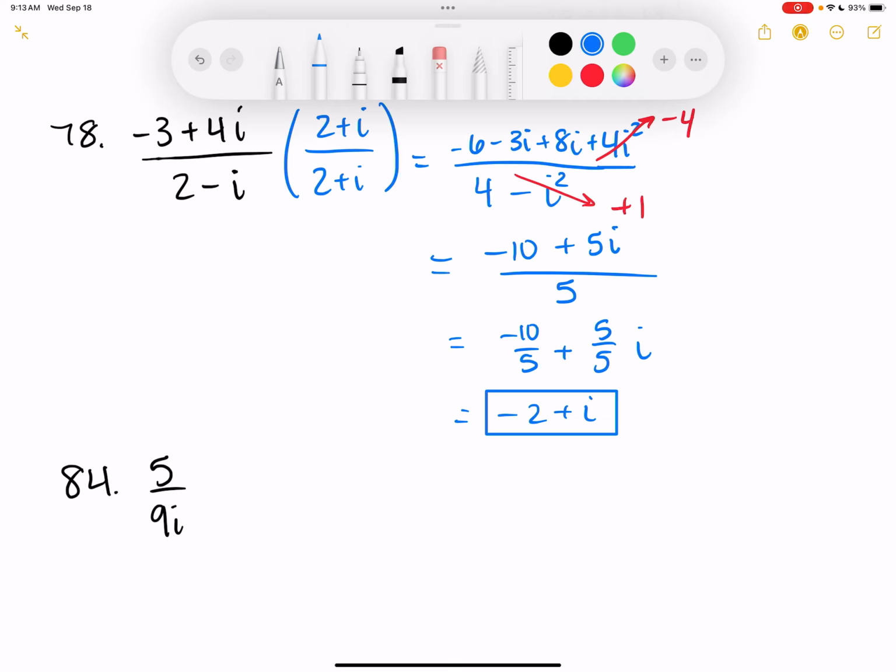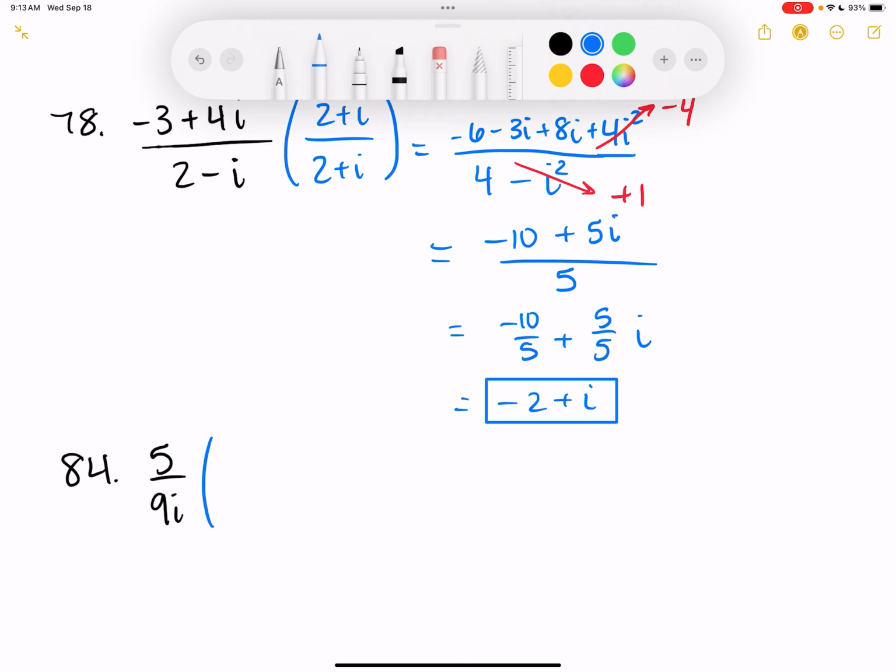So when that happens, I can't use a complex conjugate because that's just going to end up causing more issues. All I have to do is multiply top and bottom by i, because all I have to do is get rid of the i on the bottom. That's the problem child, if you will.